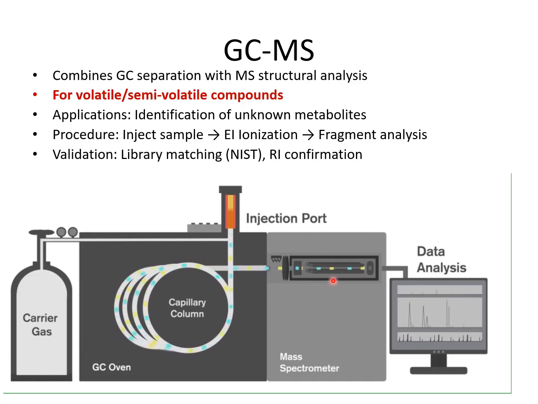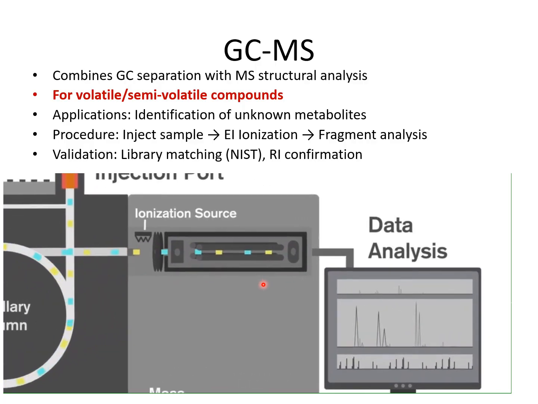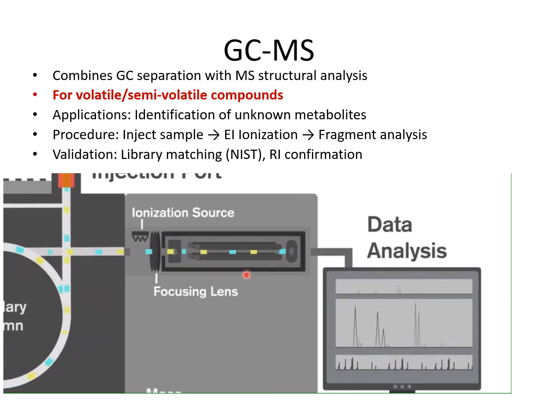The components are separated in the column based on their volatility and masses. So usually there is an ionization source as the samples come from the capillary tube.